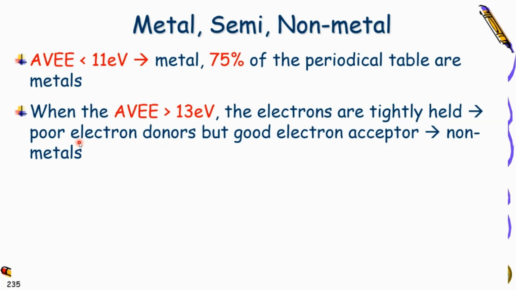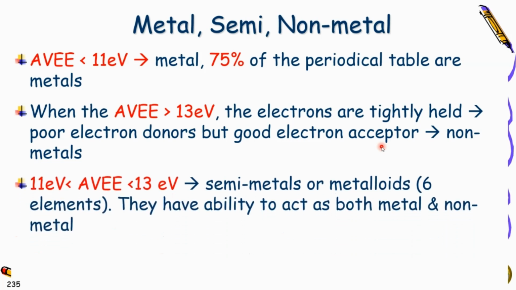That means they are poor electron donors but good electron acceptors. It's difficult to take out an electron, but easy to receive electrons for the non-metal. And for AVE between 11 and 13 electron volts, they are called semi-metals, or metalloids.